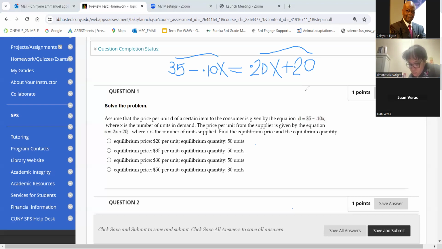So in order to do that, we first of all subtract 20 from both sides. And why is 20 the chosen number again? You can use 35, but if you use 35, you're going to get a negative number and you're going to get more confused.